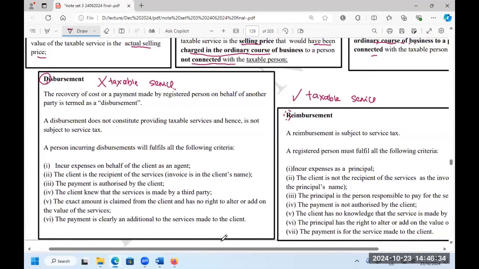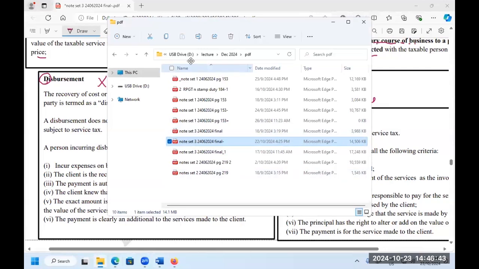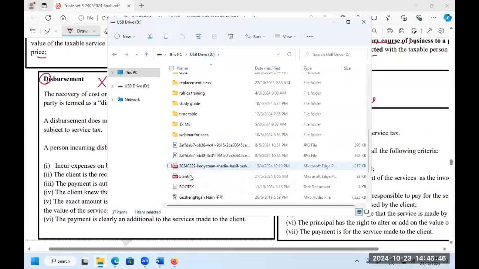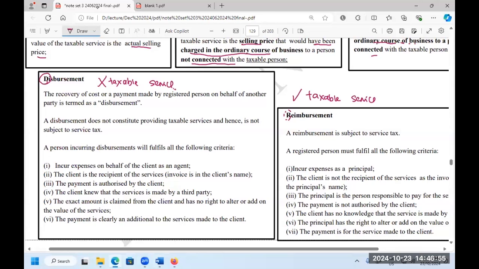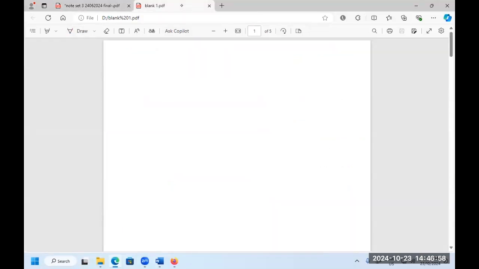Let me show a sample, guys. For example, this one is an invoice from a legal firm.